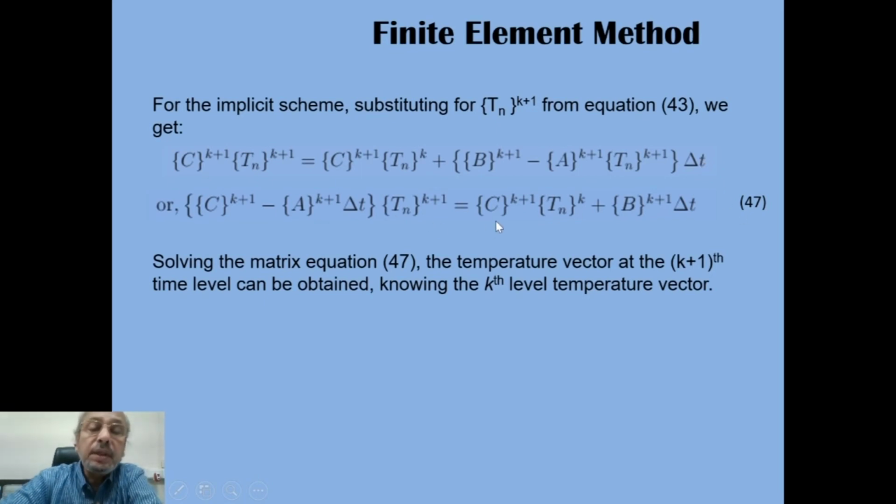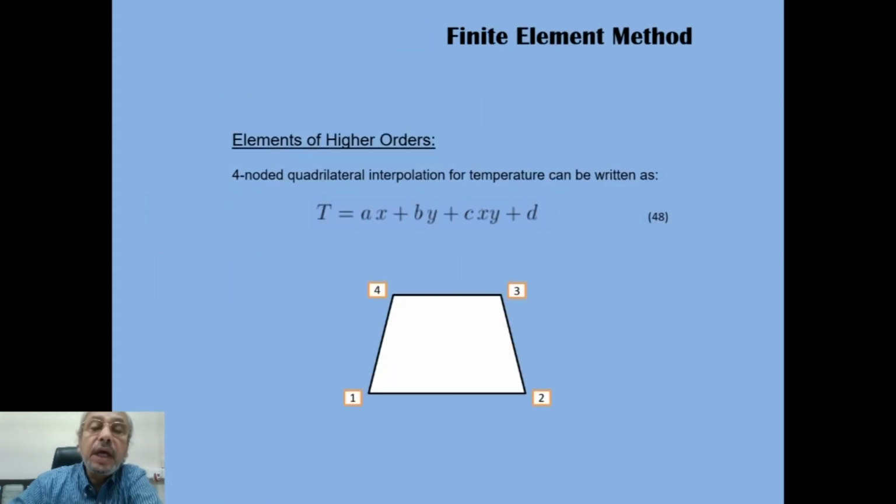And equation 47 can be solved for K plus 1 level temperatures. We can solve for K plus 1 level values from kth level values. So solving matrix 47, the temperature vector at the K plus 1th time level can be obtained knowing the kth level temperature vector. That is the overall solution strategy.